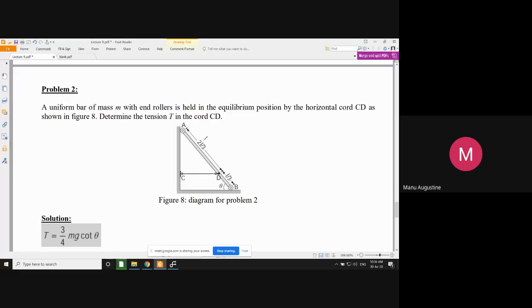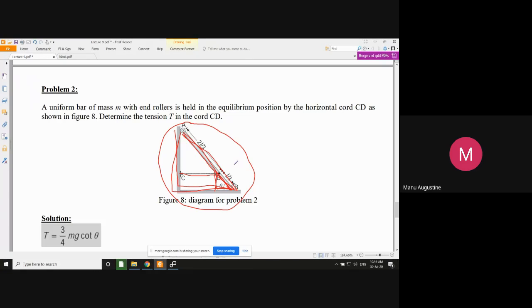As soon as you see a problem of this type, you will automatically come to the conclusion, okay, I see a similar triangle here. I see two similar triangles here, the small one and the big one. And you directly apply the relationships of a similar triangle. So with given practice and given time, you will be able to do this in less than 2 minutes.